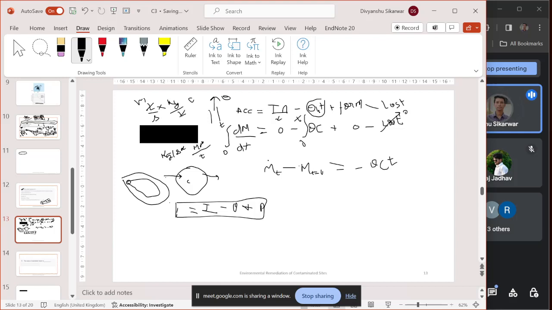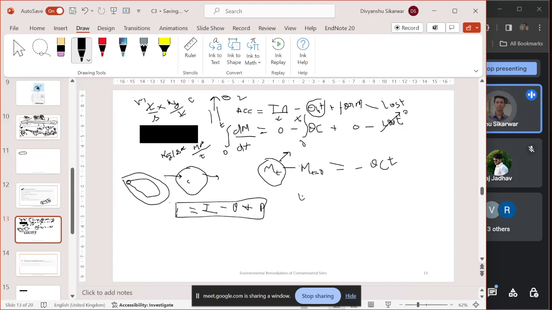So this is the mass of the contaminant at time t. Like if we have been pumping out for the last 2 months, at the end of those 2 months, what is the mass left? And M at t equal to 0 means when we just started pumping, what is the mass of the contaminant. Q is the flow, C the concentration, and t is time.